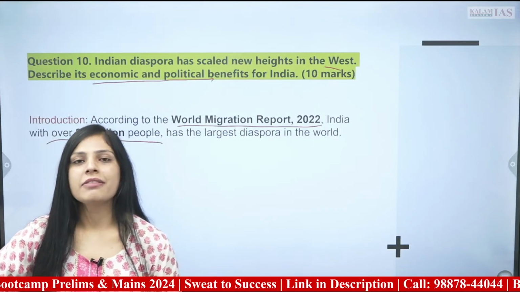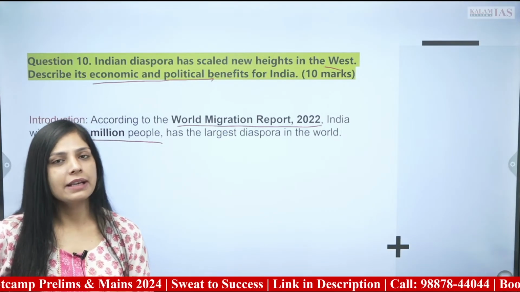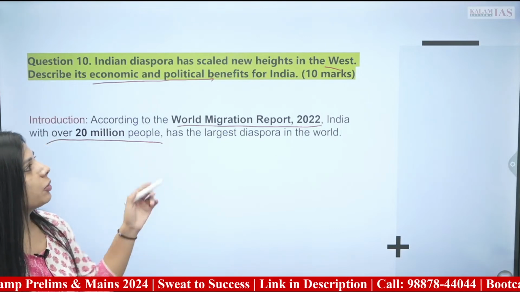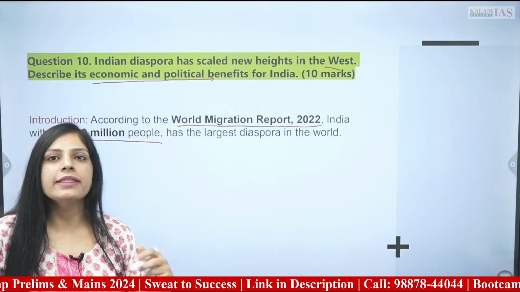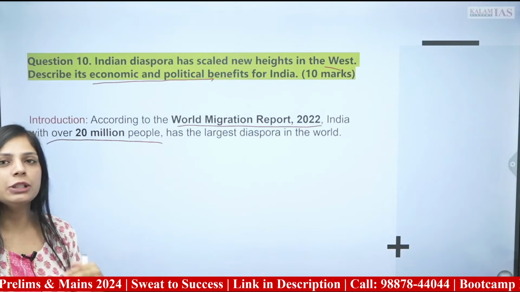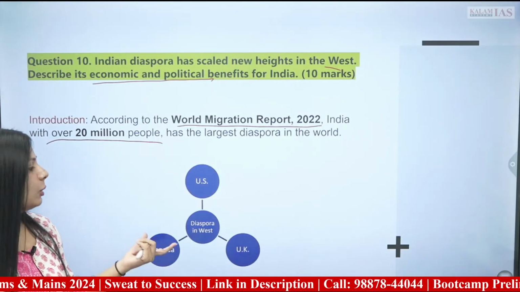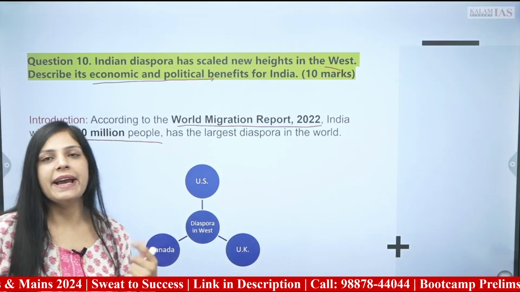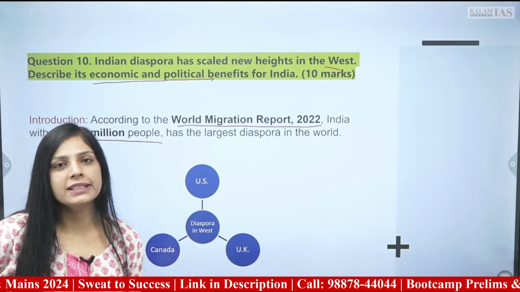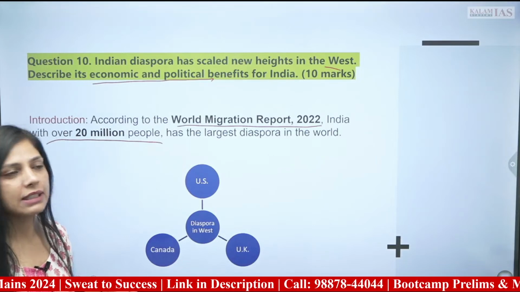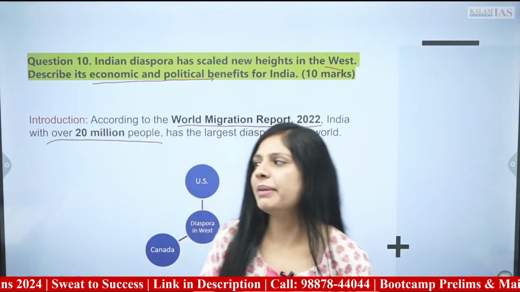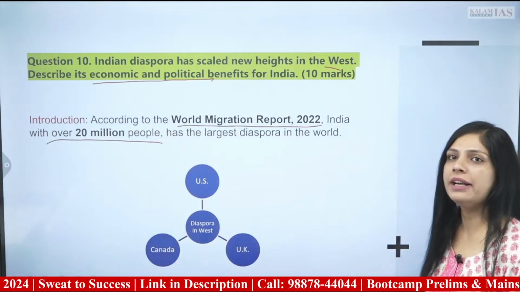So it must be very important for India, right? But the question is specifically focusing upon the West. So you need to give an impression in the introduction itself that you have understood that the diaspora we are focusing upon is from the West, right? You can give some examples along with such a flow chart.